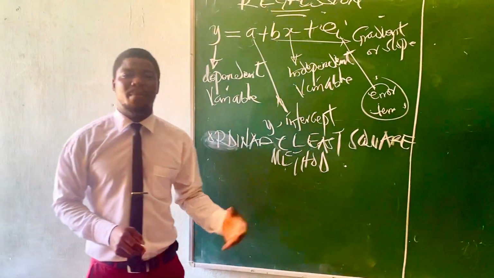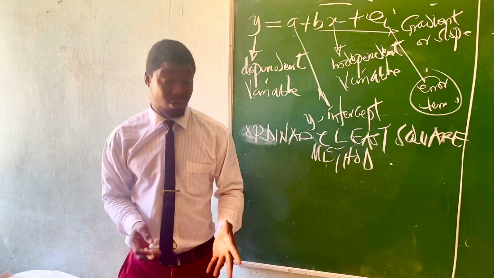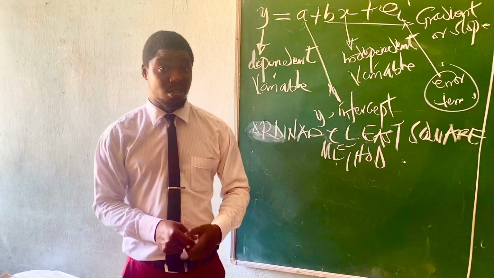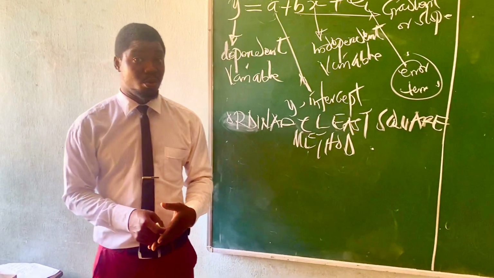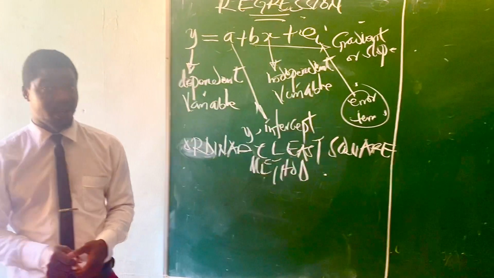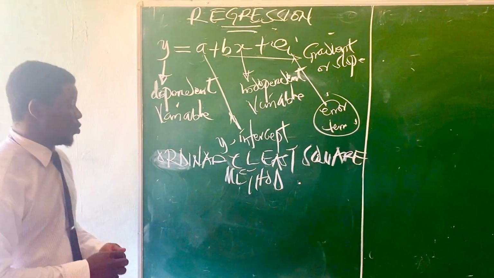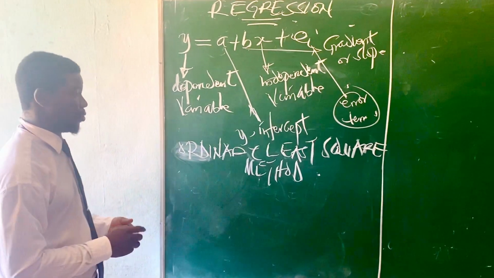Now, the ordinary least square method is like a formula method. You can also call it a formula method because it involves the use of a formula to formulate the regression equation. So to use the ordinary least square method, these are the procedures.